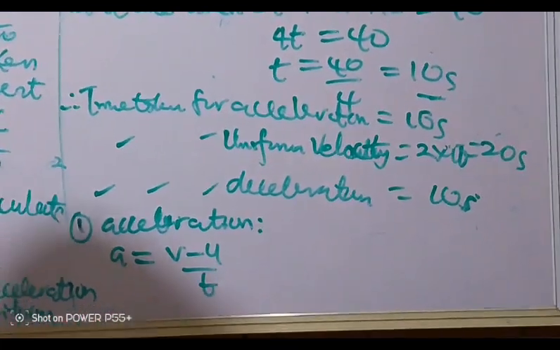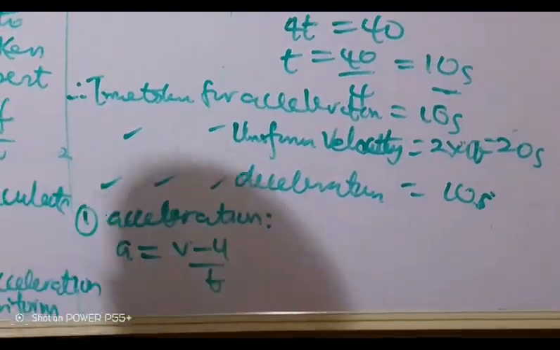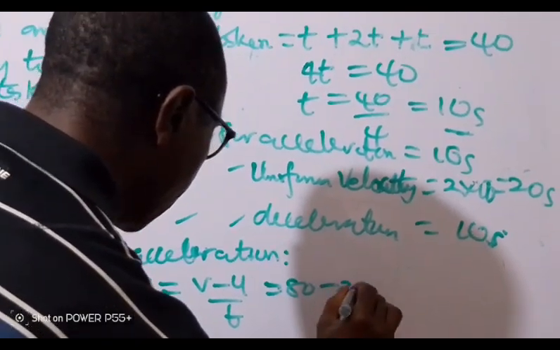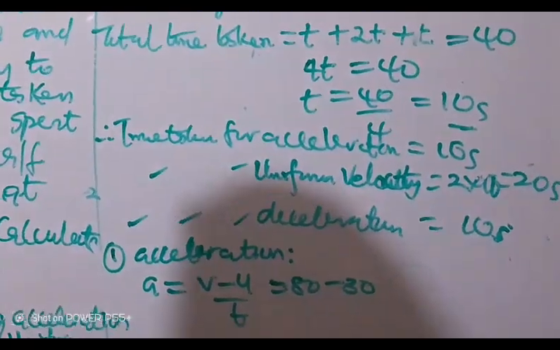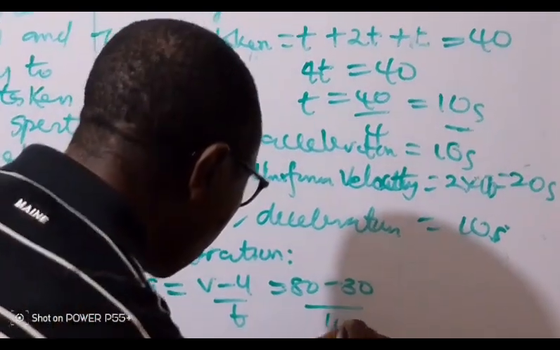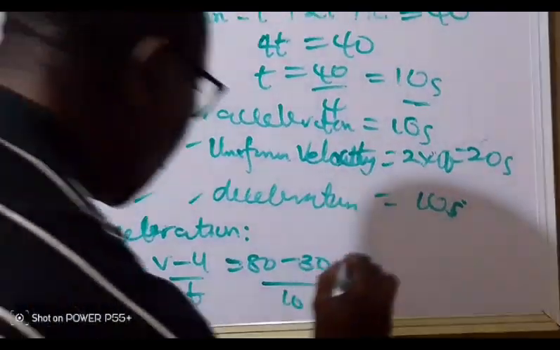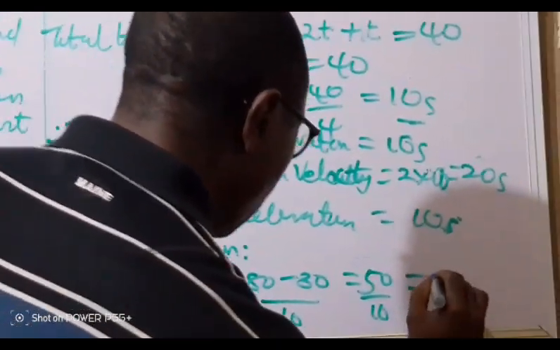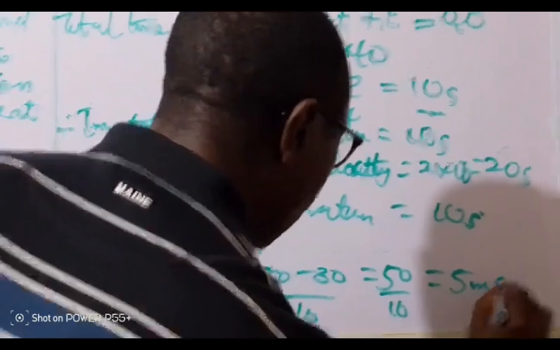So according to this question, our v is equal to 80 minus 30. According to what we have written on the board, time to accelerate is 10. That is 50 over 10. Then that will be equal to 5 meters per second squared.